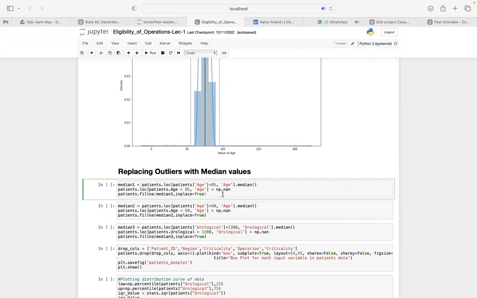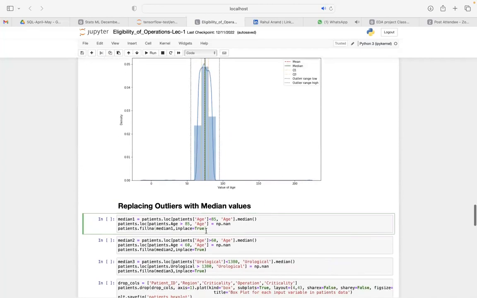Now what we are doing is replacing the outliers with median values. What exactly is happening here is that we are restricting the data to an age less than 85, and if the age is more than 85, as you can see from here, it's almost 85.